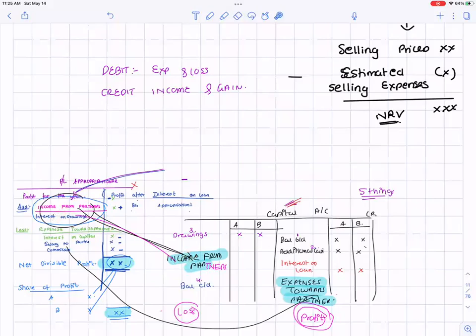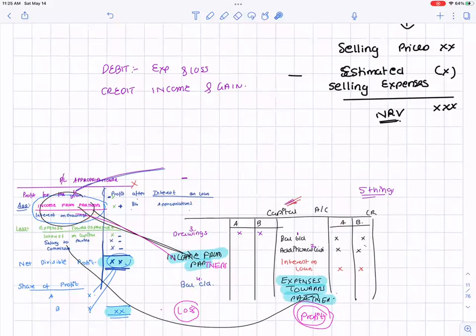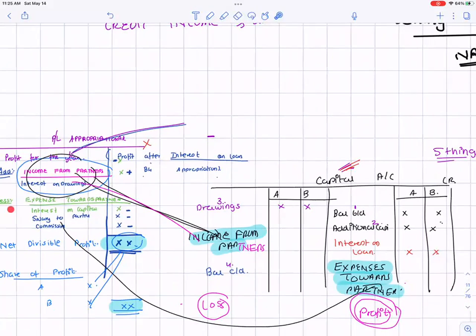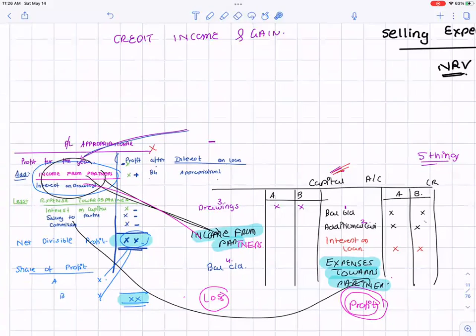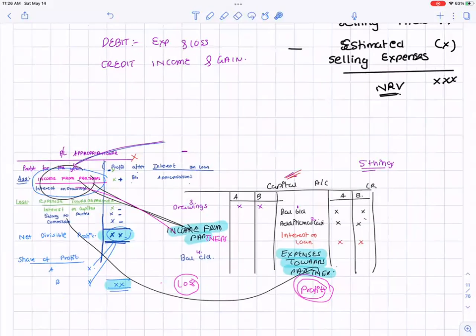Interest on drawings: appropriation credit, capital debit. Two effects for interest on capital: appropriation debit and capital credit.